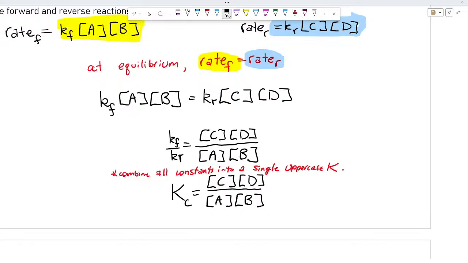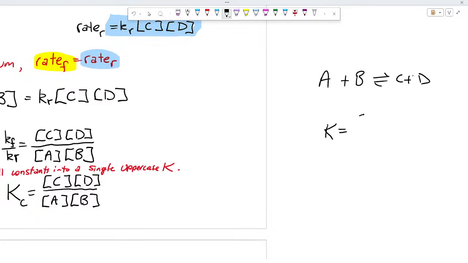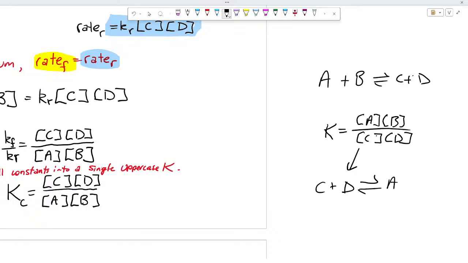If you did it backwards, don't write this, but if you did this and said K is equal to the concentration of A times the concentration of B divided by the concentration of C times the concentration of D, what you've actually found is the equilibrium constant of the reaction as written this way, which is the exact same reaction, because equilibrium means that it runs forward and reverse.